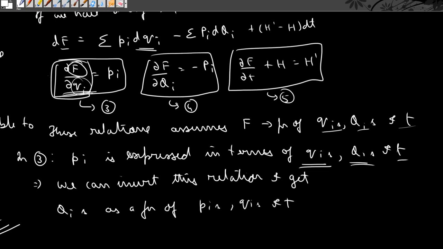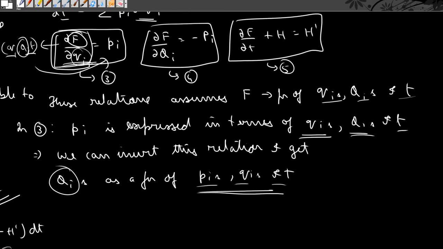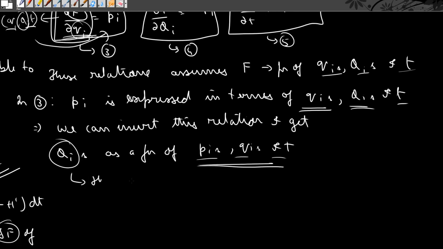So this will be some relation which involves Q i and t, and we are just going to take everything to the other side except for Q. When we do that, we get Q i as a function of p i, q i's and t, which is nothing but one half of the canonical transformation equations, because at the end of the day, canonical transformation is nothing but being able to express capital Q in terms of q, p and t, and that is exactly what we are doing here. So this is the first half of the canonical transformation.